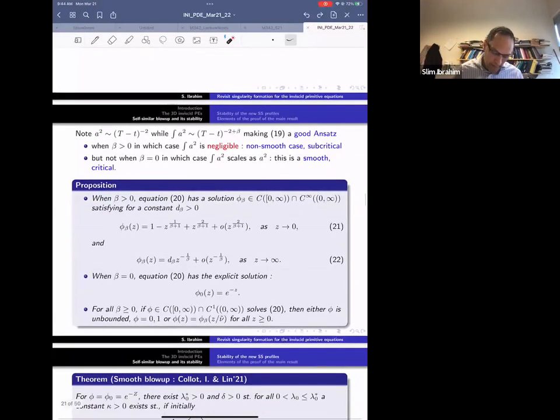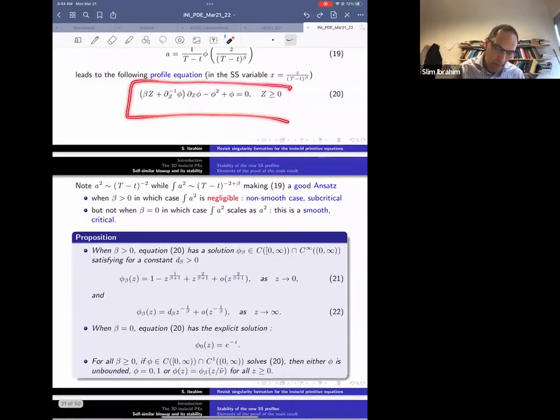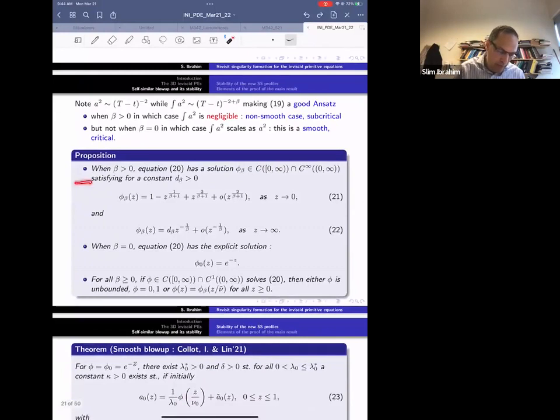The other thing: if you are looking for a bounded solution to this profile equation, then it has to be a rescaling of one of these phi beta, or a constant, and the only constants are 0 and 1. Good.